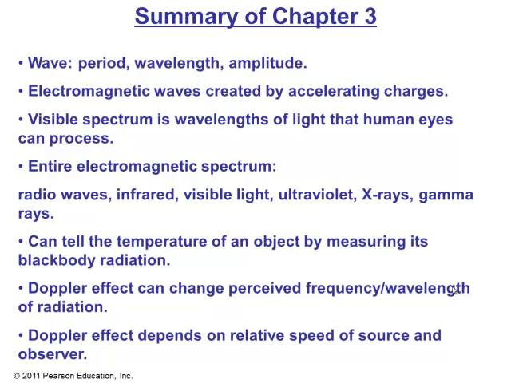It depends on the relative speed of the source and the observer. If neither of them are moving, we're not going to see a Doppler effect. If either or both are moving, then we will see a Doppler effect. If something is moving towards us, it's going to be blue shifted, whereas if something is moving away from us, it's going to be red shifted.